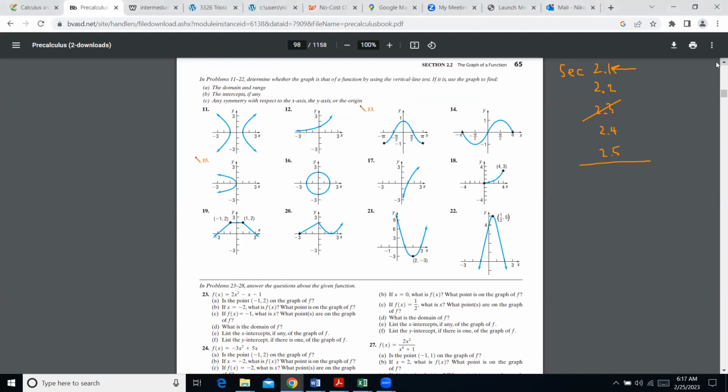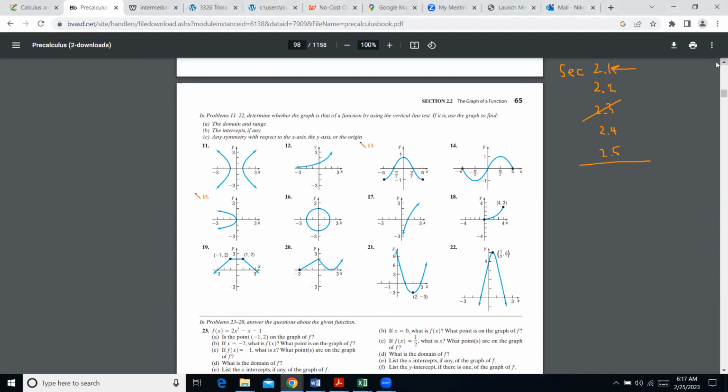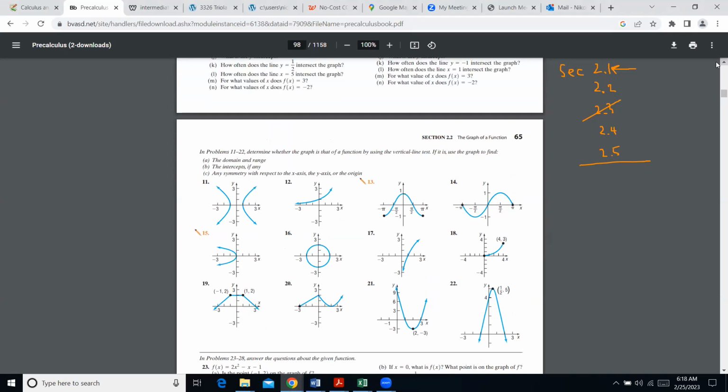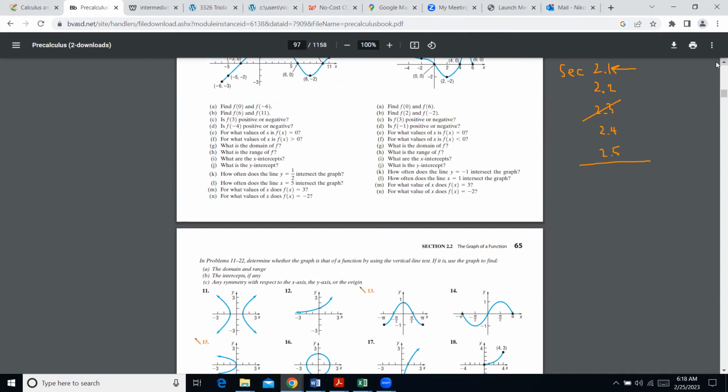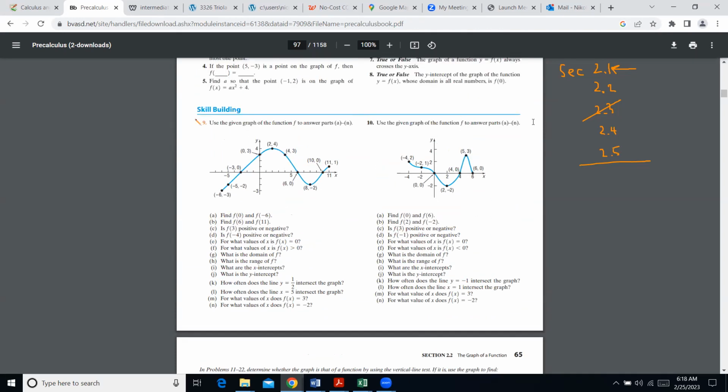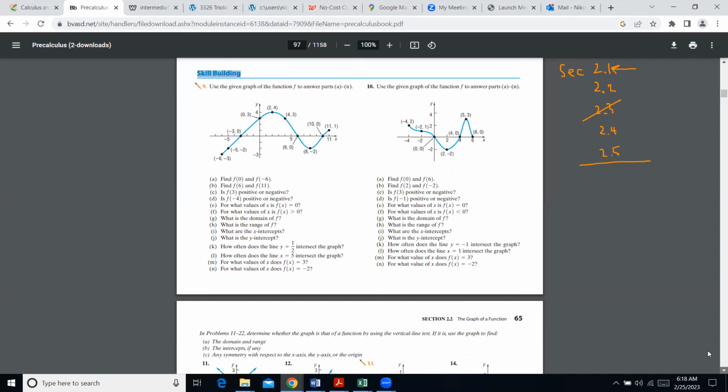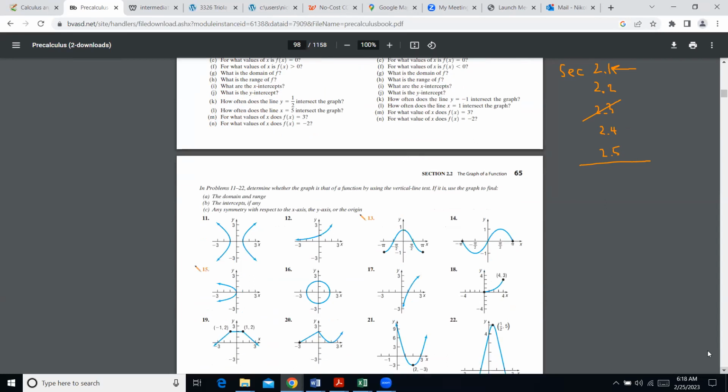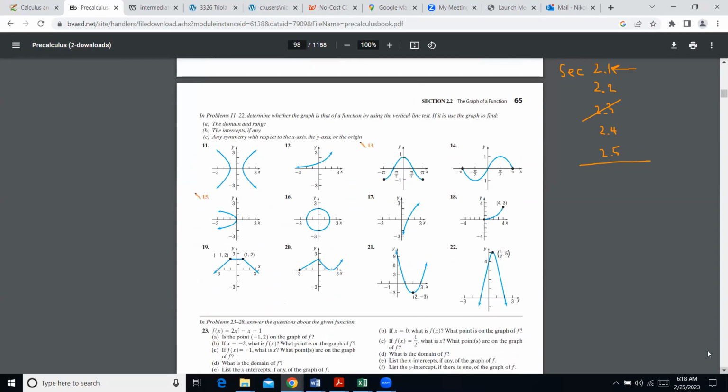So you don't have to do problems that I don't consider, and similar problems are from skill building exercises. So that's the key idea of all of the exercises. Look only at the group called skill building, and not every single problem. We're being selective here. That's why it's a good idea to see what we are doing in class.